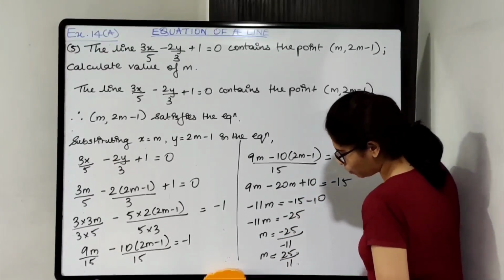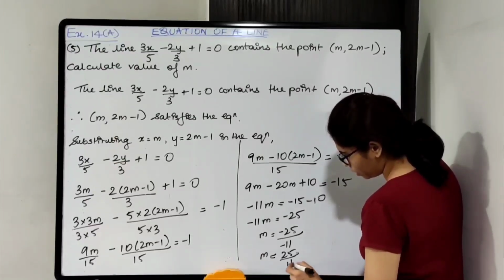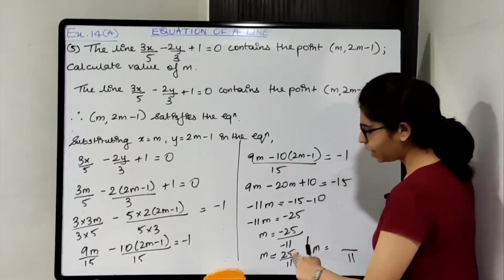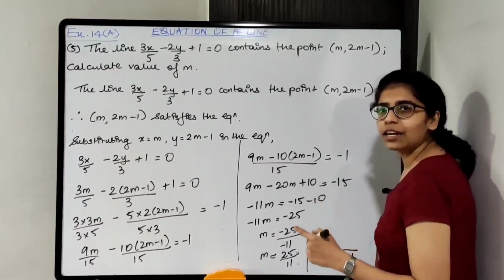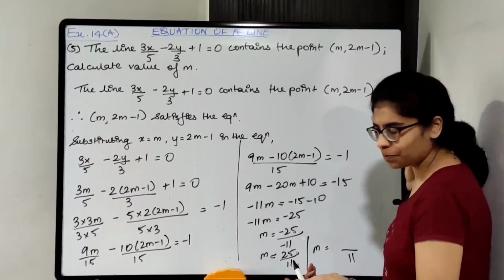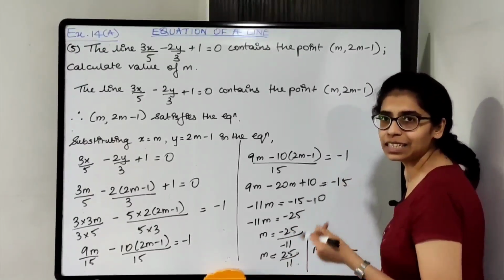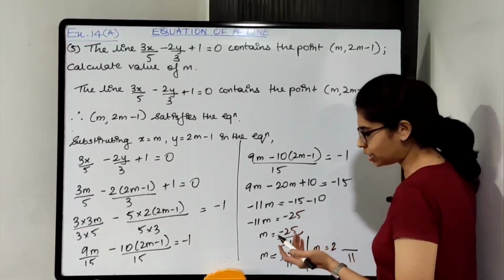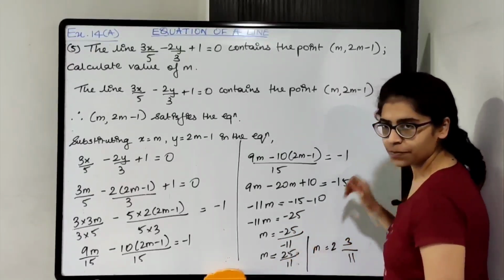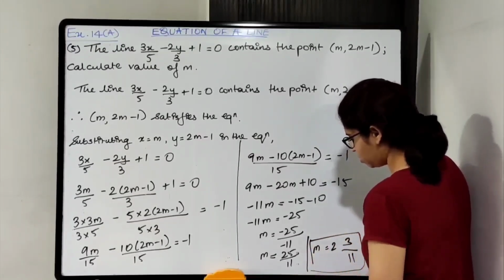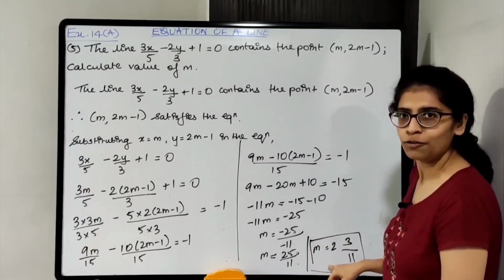So divide 25 by 11. 11 2s are 22. How much is remaining? 25 minus 22, 3. So 3 in numerator. So 2 3/11 is the answer. This is the value of m.